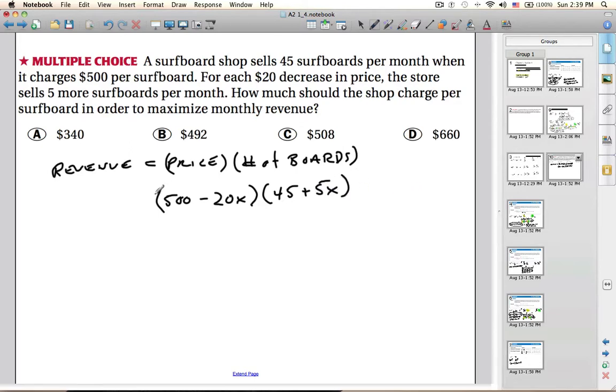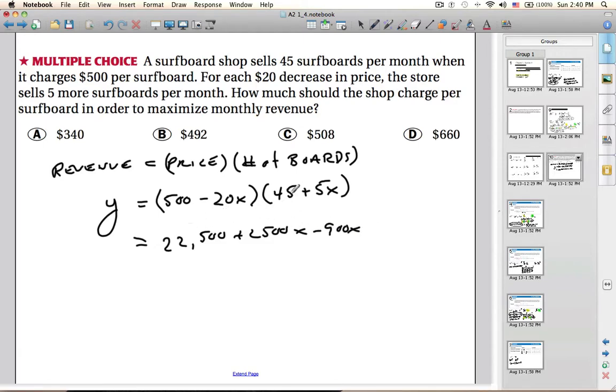Right? And if we want to solve this, then I would go ahead and multiply it out and then see if I can factor it. So if I have 500 times 45, that's 22,500. And then 500 times 5x is plus 2,500x. And then minus 20 times 45, that's minus 900x.